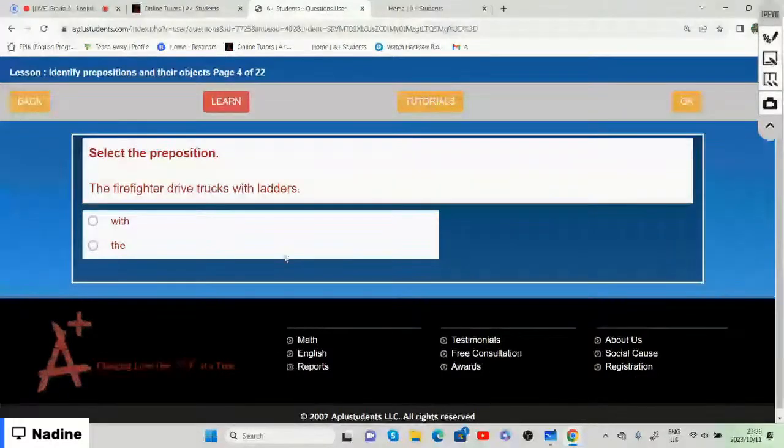Do we need to select with or do we select the as our preposition? So we will choose with, right? So with being our preposition.